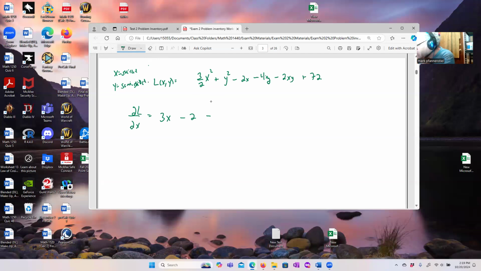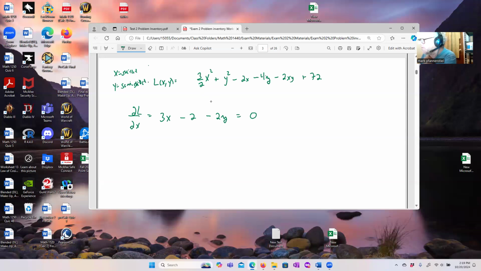Oh, that's going to be minus 2. What am I doing? Yes, minus 2y. I'm looking at the wrong one. The 72 is a constant, so its derivative is zero. We're going to set this equal to 0.